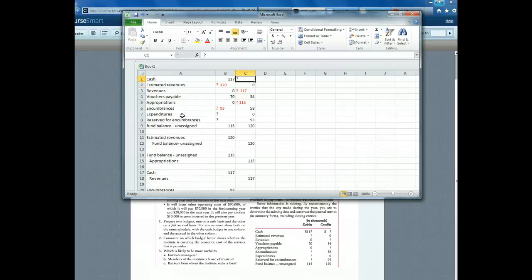Then, if we've got encumbrances credited at 58, it would be a reserve for encumbrances over here. We'll go through problems. This will make it so much easier. Reserve for encumbrances of 58.